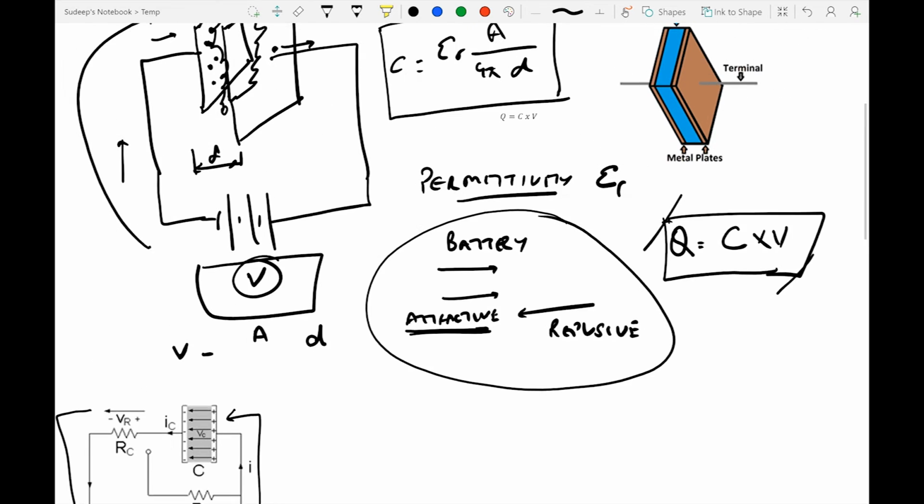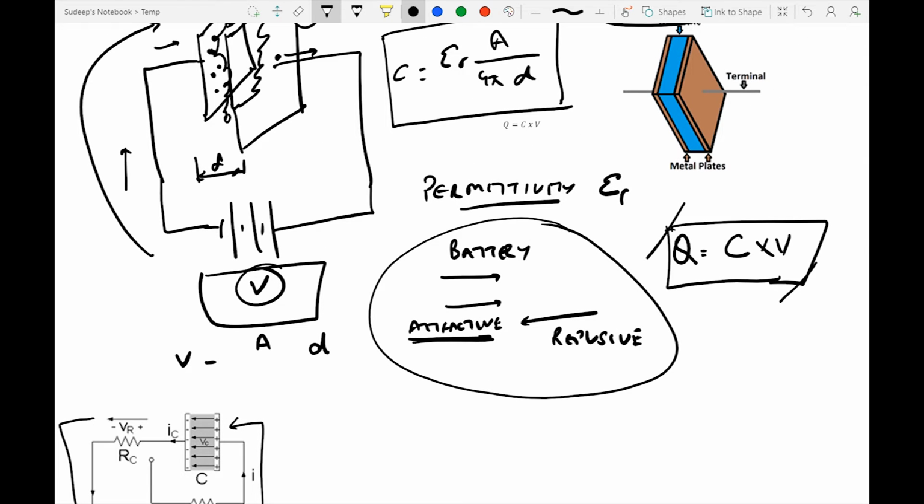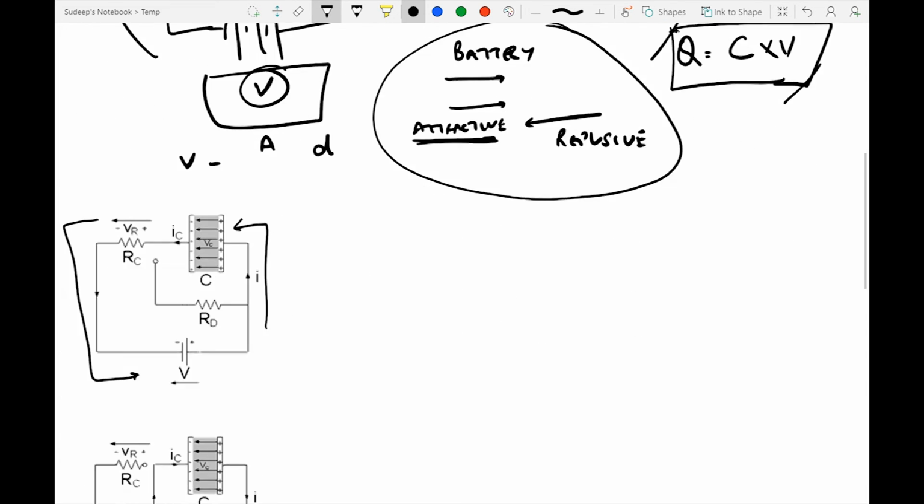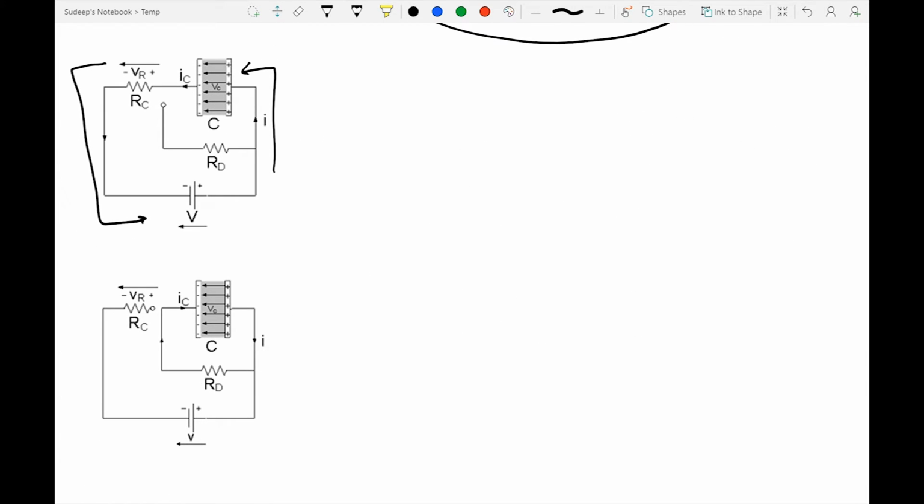And we know by the formula that is when the amount of charge Q gets accommodated into the capacitor. So this is when we are charging the capacitor, because the current is flowing through the capacitor and it gets charged.